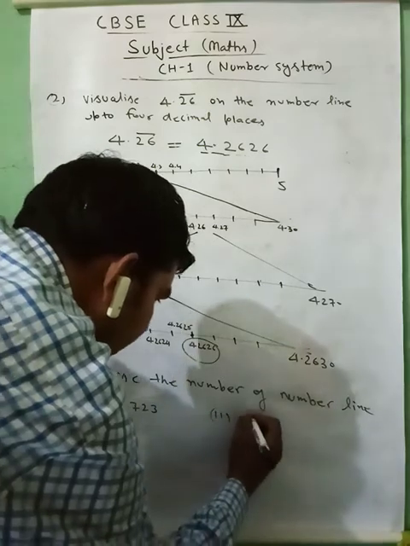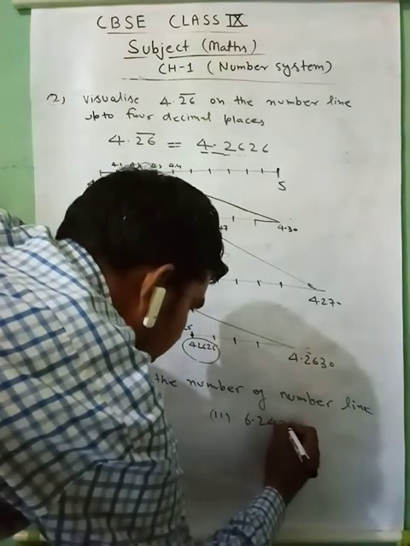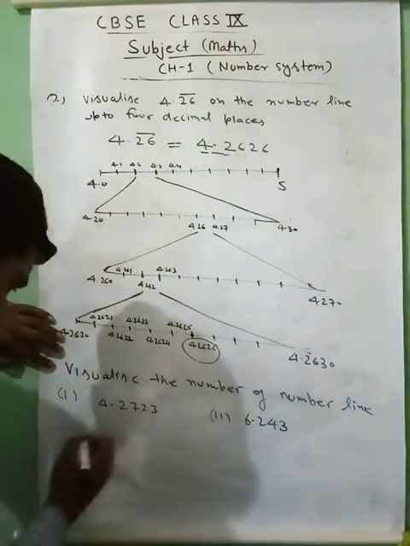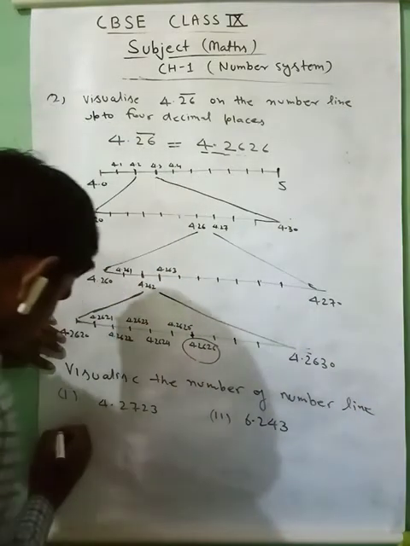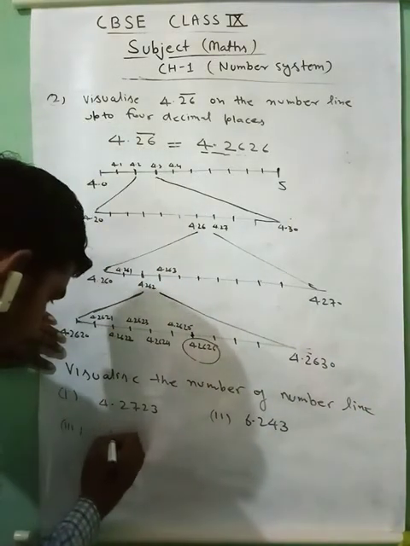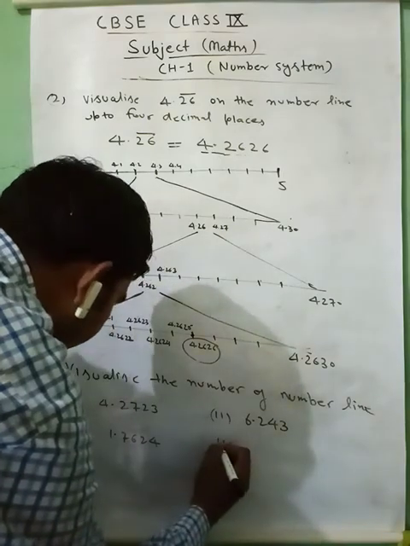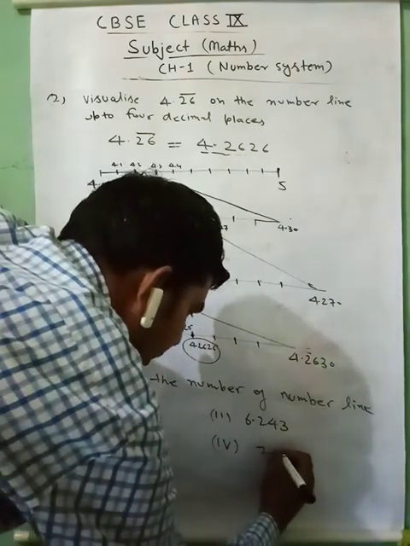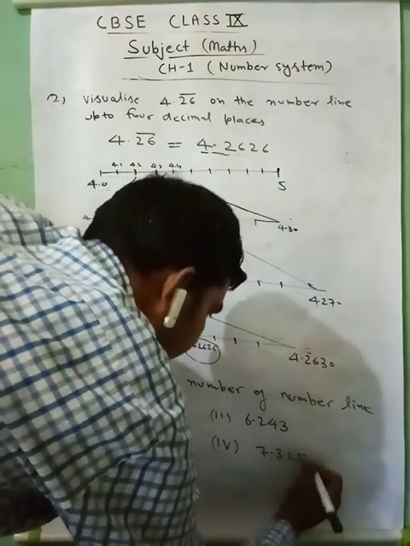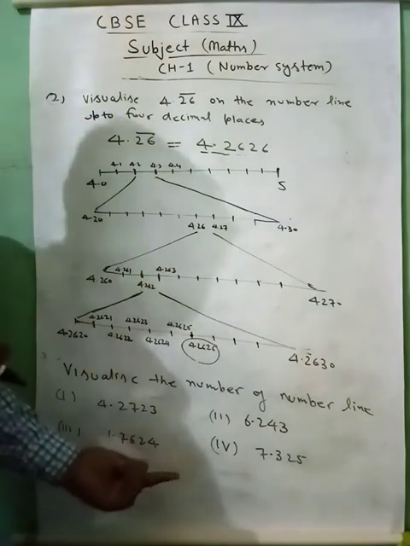Second question, 6.243. And third question, 1.7624. And fourth question is 7.325. You have to do these questions.